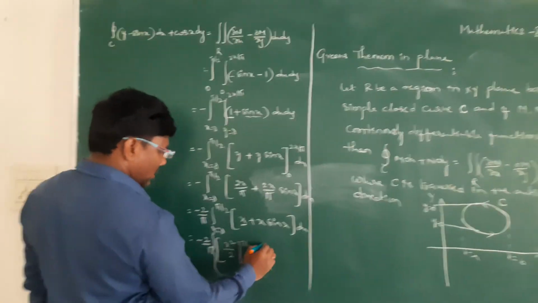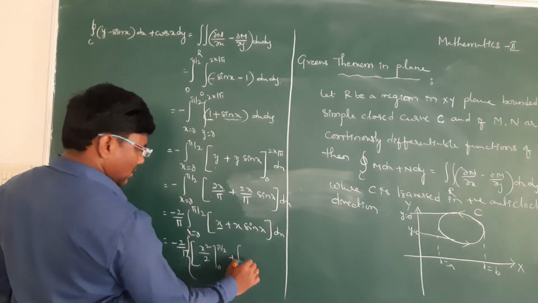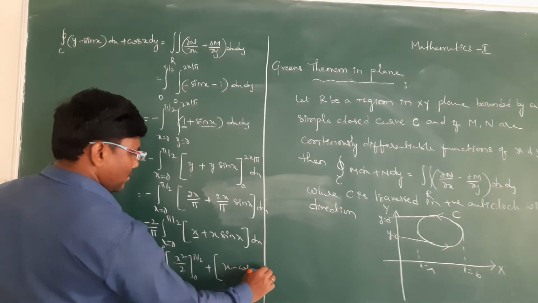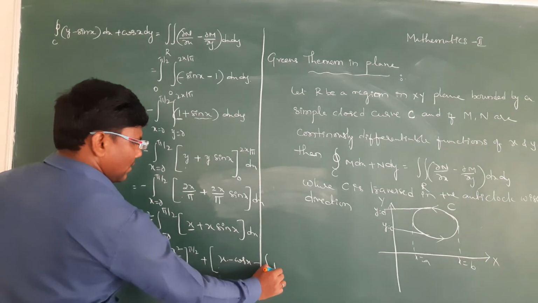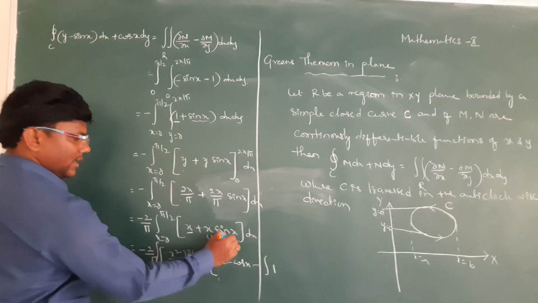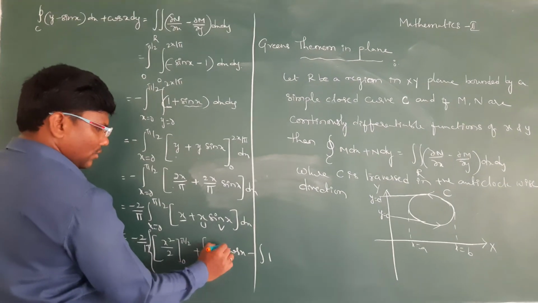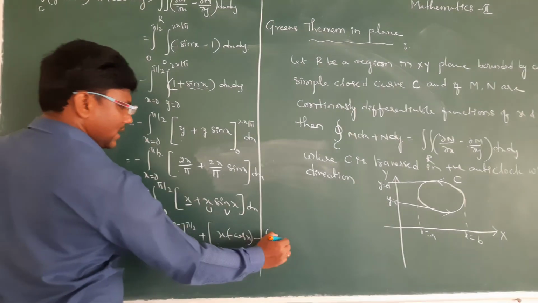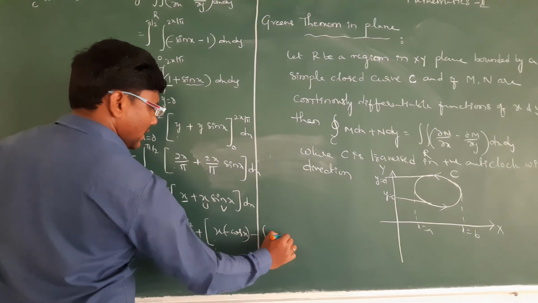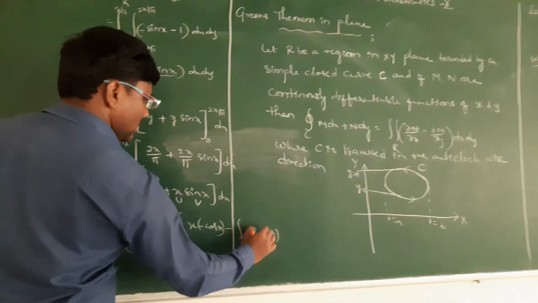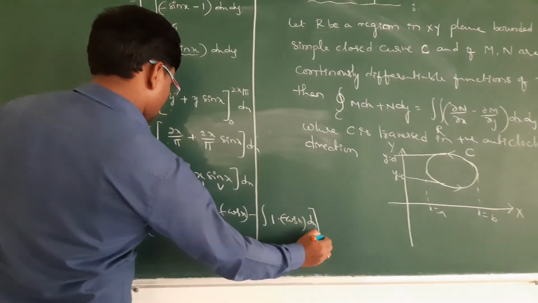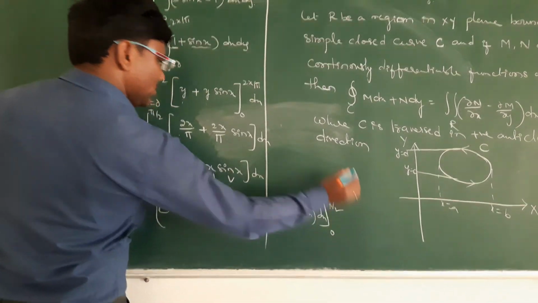integration by parts method for this one. Taking u as x and v as sin x: x into the integral of sin x, which is minus cos x, minus the integral of du by dx, which is the derivative of x, that is 1, into the integral of sin x, that is minus cos x, into dx, limits from 0 to pi by 2.